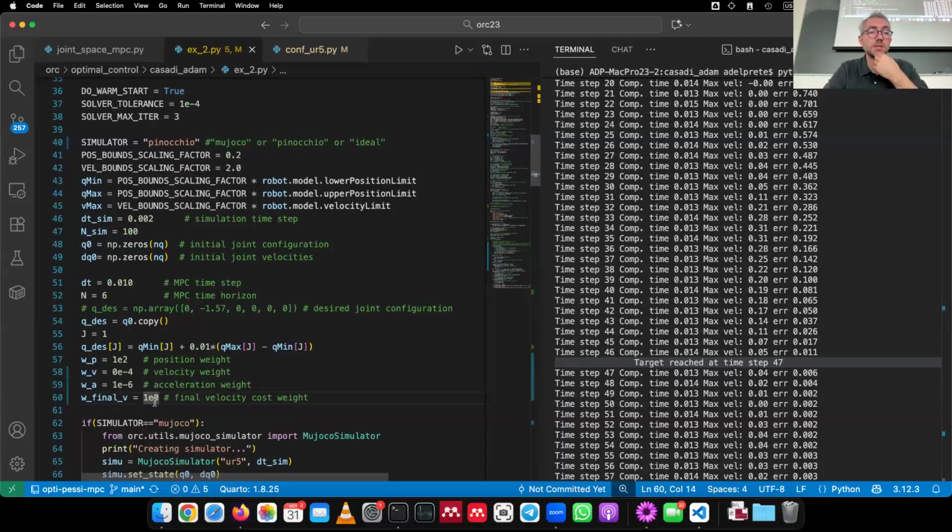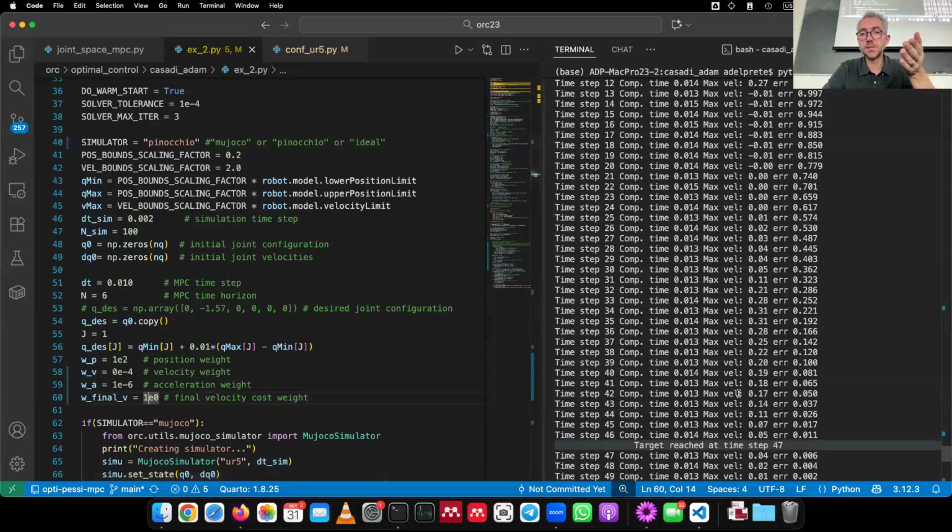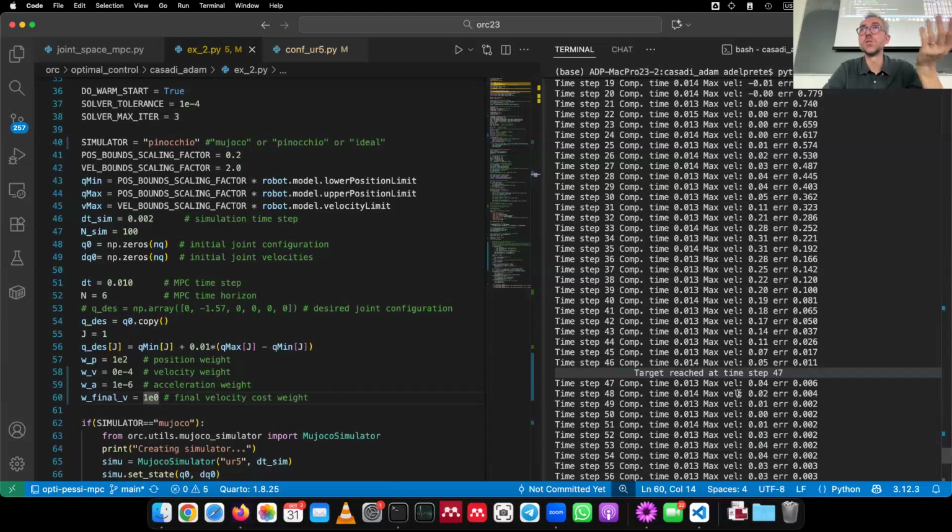And another option is, instead of having the terminal cost, to have the terminal constraint, which works, but it's just slower at reaching the target. Okay. It was the first one. No, actually, the first thing that we tried was this one. And then we tried to replace the terminal cost with a terminal constraint, which still worked, but slower. And then everything else we tried was either computationally too slow or didn't work.